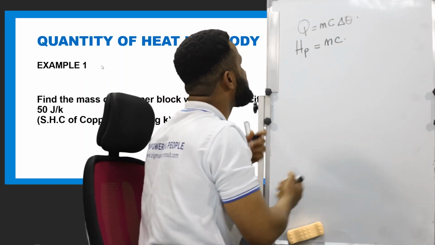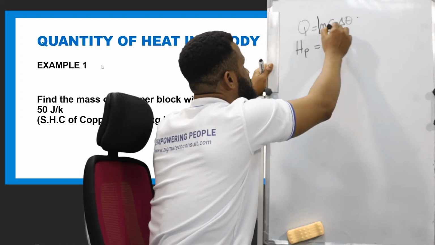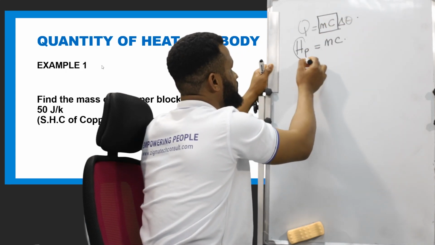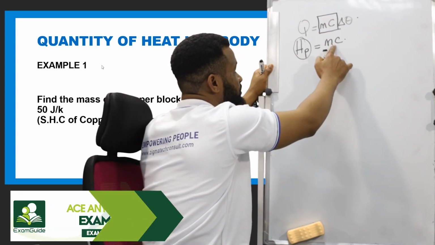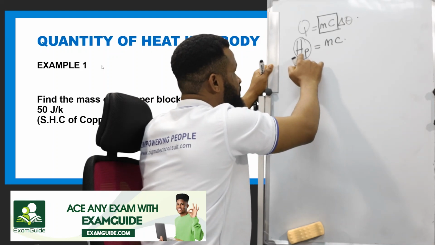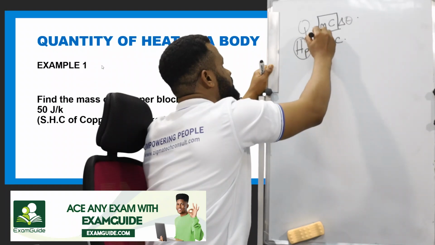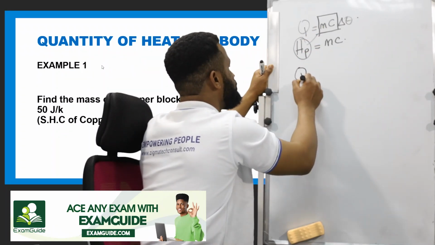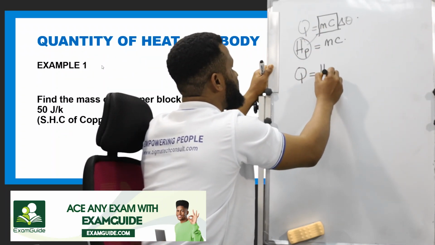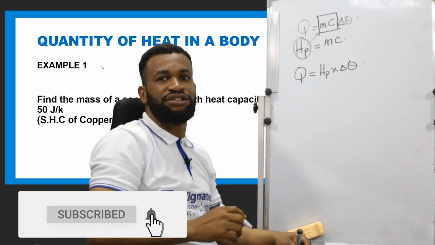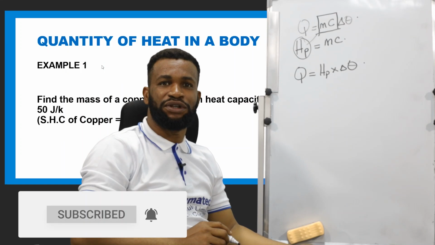So it simply means that if I remove MC out from this equation, I replace it with HP, because MC is HP and HP is MC. So I have that quantity of heat is equal to heat capacity times change in temperature. And that is the only way we can be able to deal with this question.